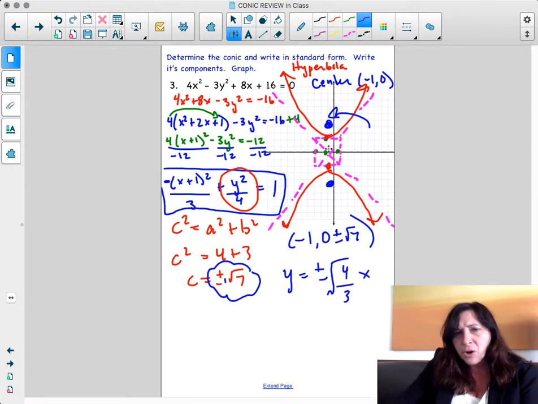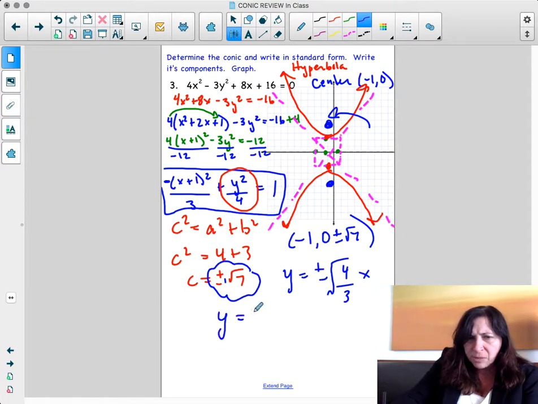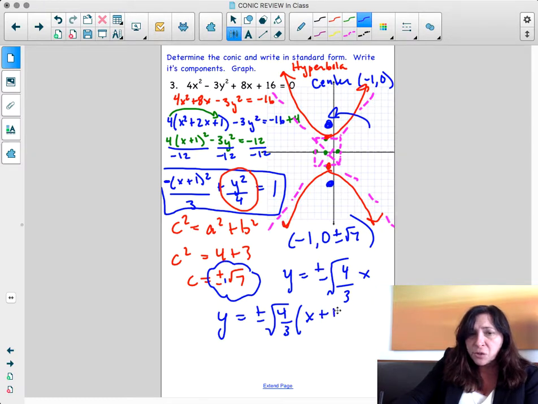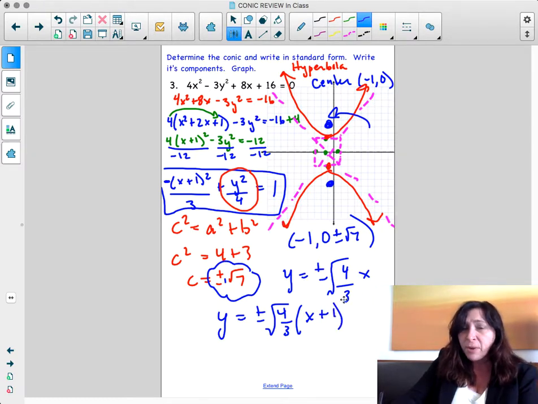But remember, our center is not technically at the 0, 0, where this would be, y minus 0, x minus 0, but it is at -1, 0. So x being -1. So my equation of my asymptotes is going to be y equals plus or minus the square root of 4 over 3, parenthesis, x plus 1. And by the way, that is not squared.